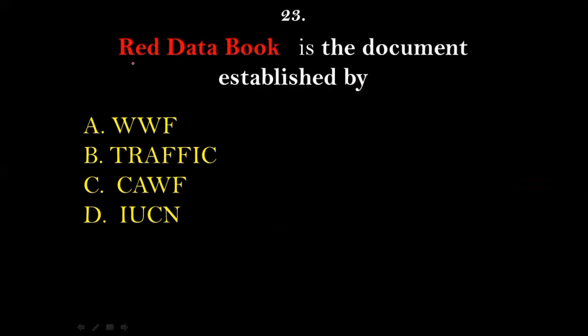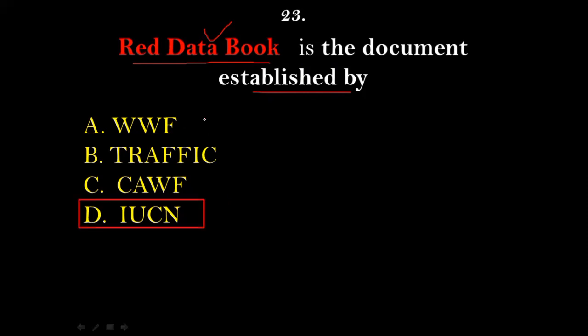So this Red Data Book is a book that lists the endangered species of an ecosystem. So this Red Data Book has been published or established by which of the following here? The right answer for this will be option number D, that is IUCN.